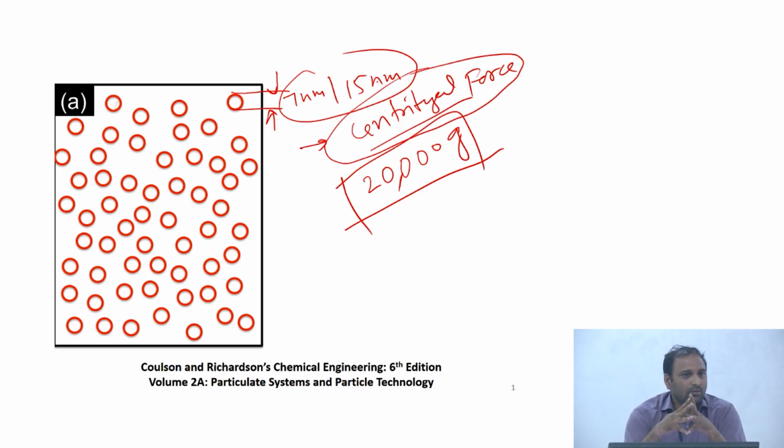So what do we do? I have smaller size particles. I would like to separate them out or sediment them out from the solution, and I can't use the external forces because the particles are too small.